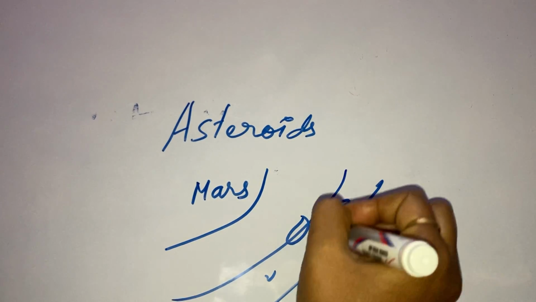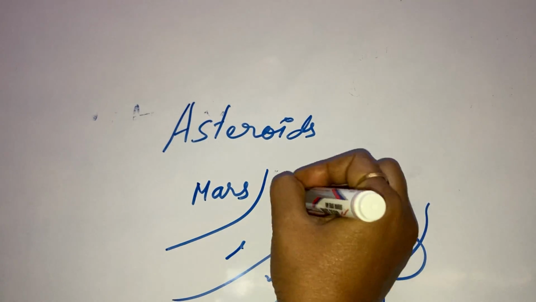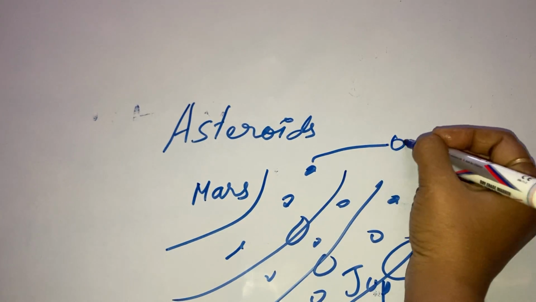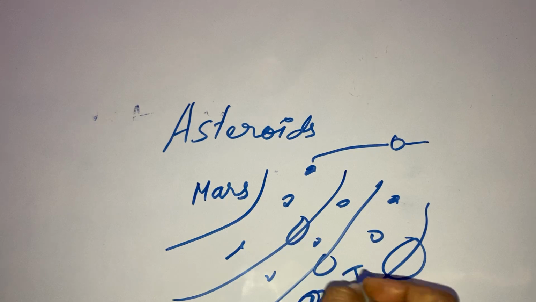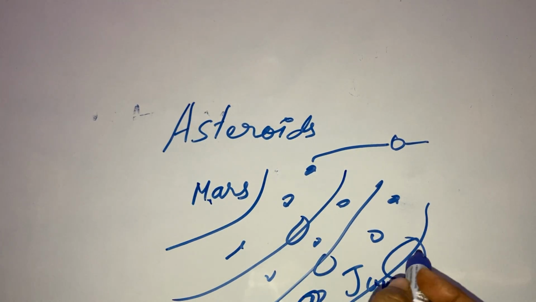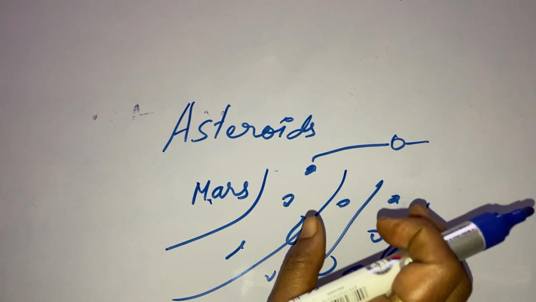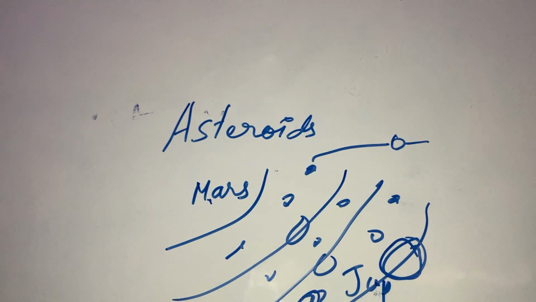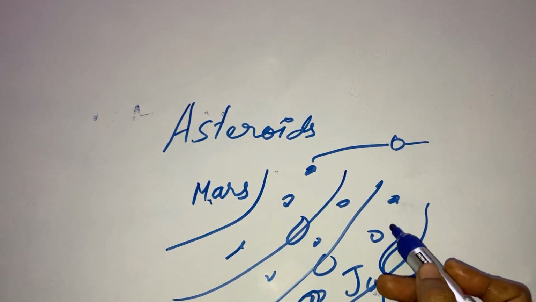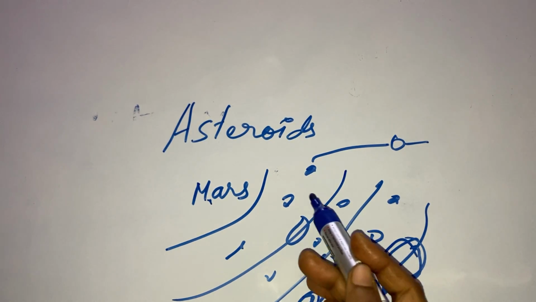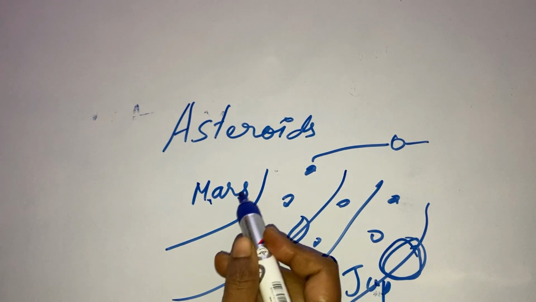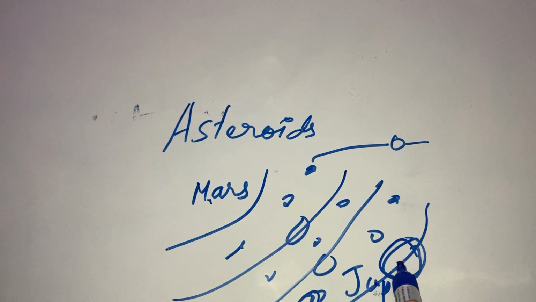Jupiter has so much gravity that it doesn't allow them to go out into the universe, so these particles just revolve between Mars and Jupiter.